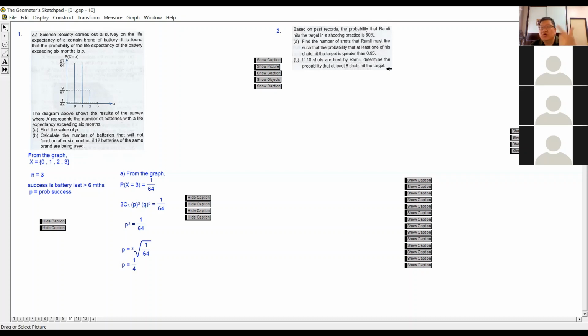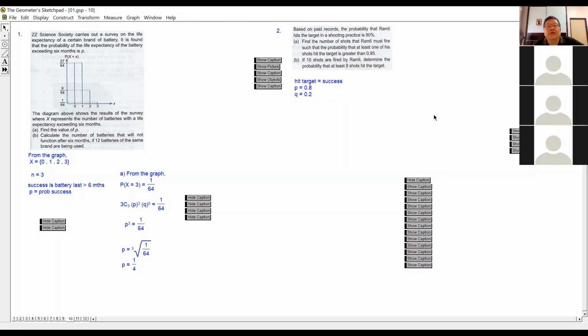One time or two times or three times or four times, never mind, but at least one time. So this means that the value of x must be 1, 2, 3, 4, 5, and so on, right? At least 1 means x equals 1, but cannot be x equals 0.